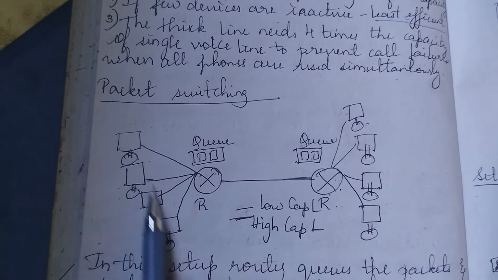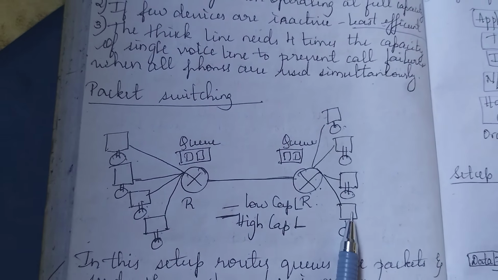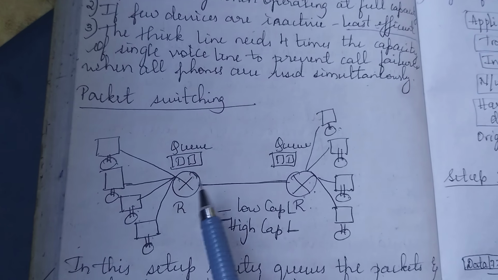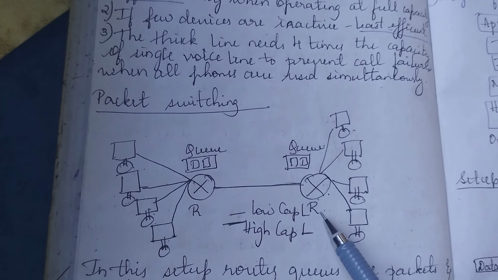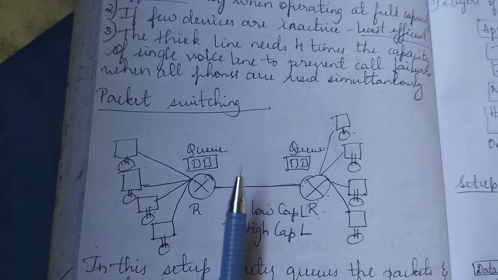So let us assume there are 4 computers on this side and 4 computers on this side. Same thing again: these are thin lines, that is low capacity lines, and these are high capacity lines.